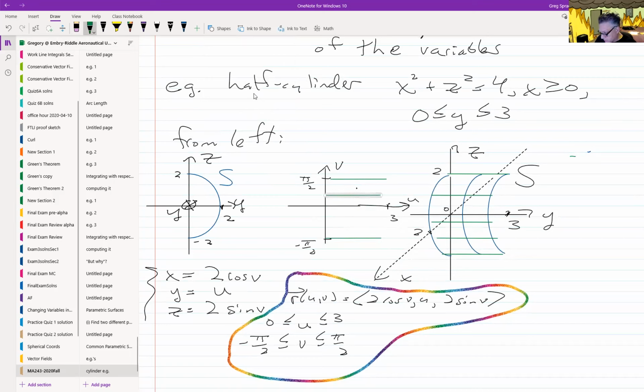Draw some grid lines of constant v, and the blue lines are the lines where y is constant. So that means u is constant. So those are vertical lines.